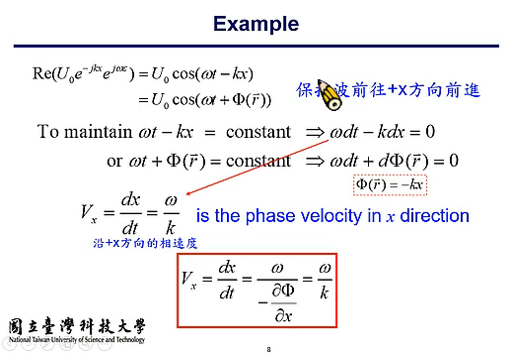So omega over k is the phase velocity of the wave along the x direction. 沿着 x 方向的相速度，所以也不是很困难了对不对？Omega over k, omega over k.